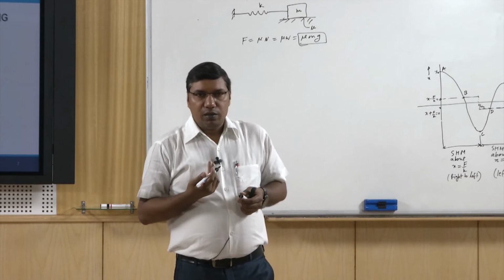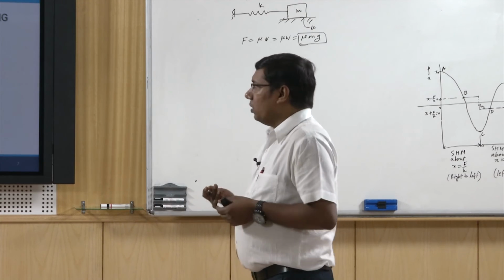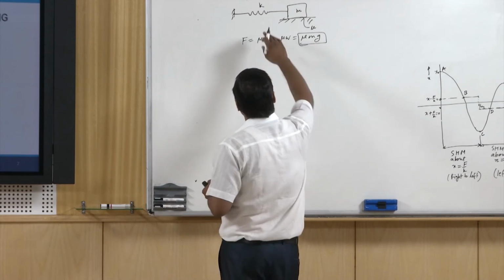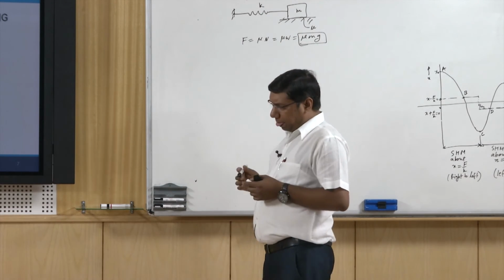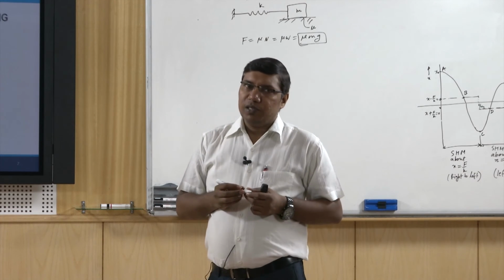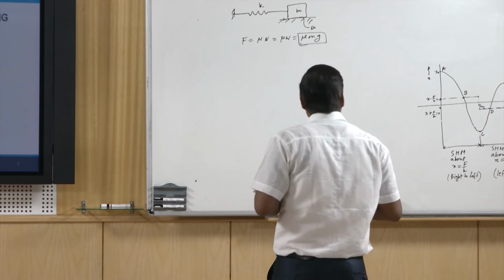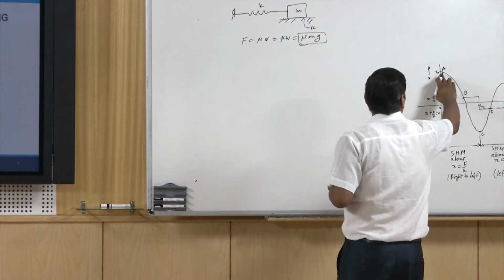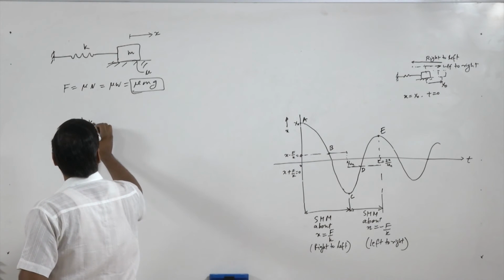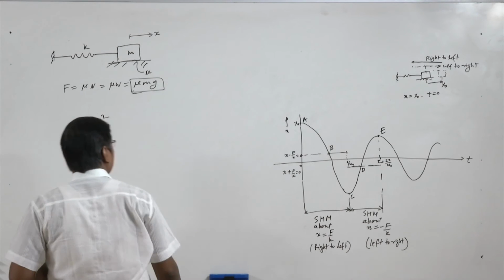So it is doing some work against this constant force F, and in doing this the system's energy is dissipated. The system's energy is in terms of potential energy in the spring or kinetic energy. So at A we have a potential energy half K XA square.